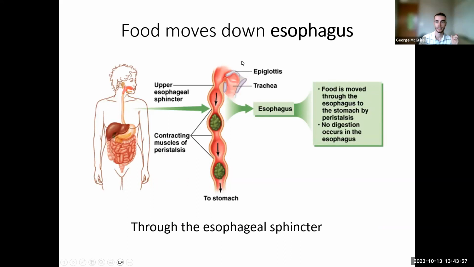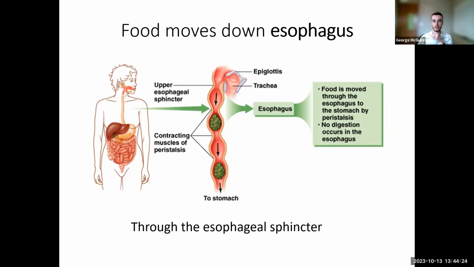We then move that lubricated, softened grouping of food from our mouth into our esophagus, and then food will pass the esophageal sphincter into the stomach. So there is a sphincter at the top of the esophagus as well. If you have ever struggled to swallow something, it's usually because the sphincter at the top of your esophagus is still closed.